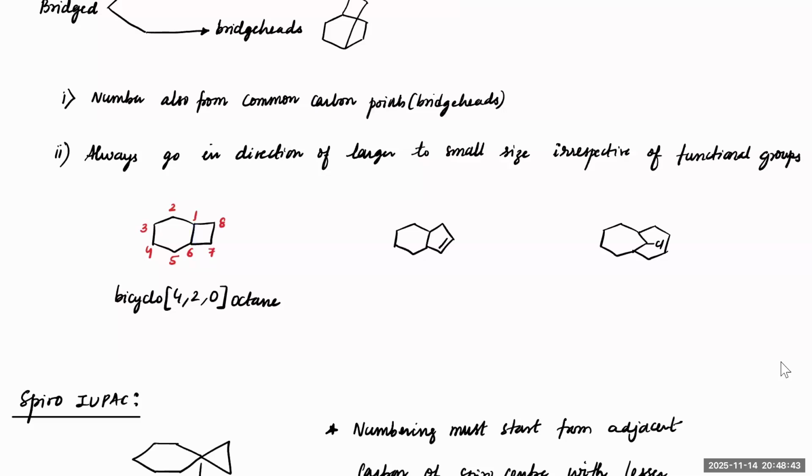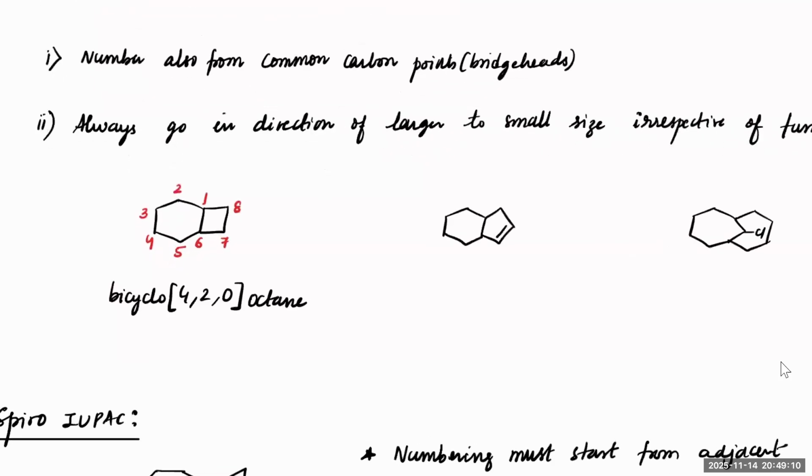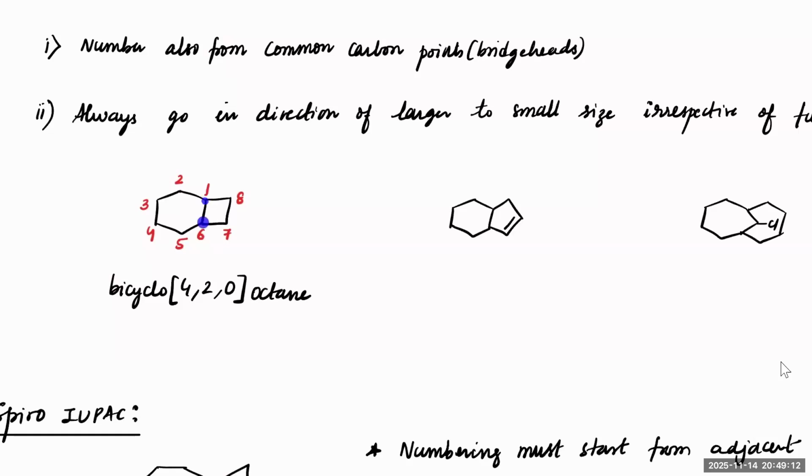Second, you have to mention how many carbons are present on the left side, right side, and center. But in what order do you need to mention? You have to always mention in decreasing order, highest first, then towards the lowest. Let me tell you how. For example, these two are the common points.